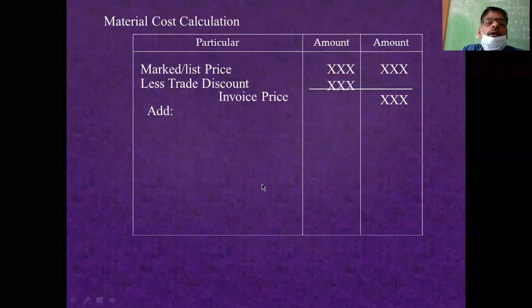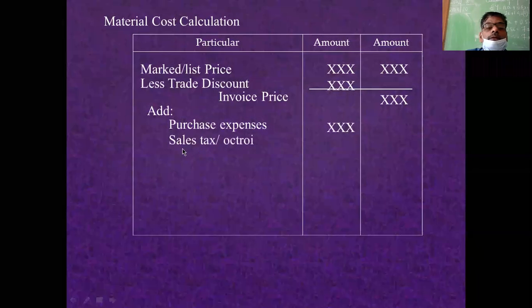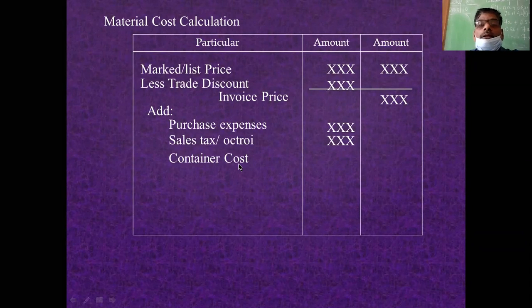Expenses related to purchase. It may be carriage inward, it may be freight, or it may be octroi. Purchase expenses. Then you add sales tax or octroi or excise duty. Take the second point: sales tax, octroi, or excise duty. And third is container cost. That means packing charges.